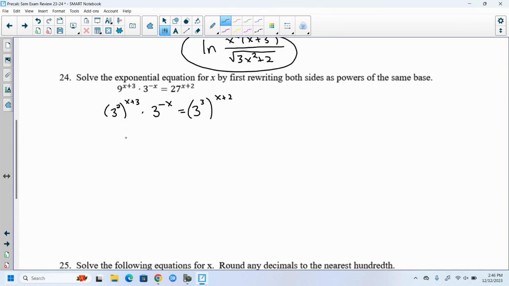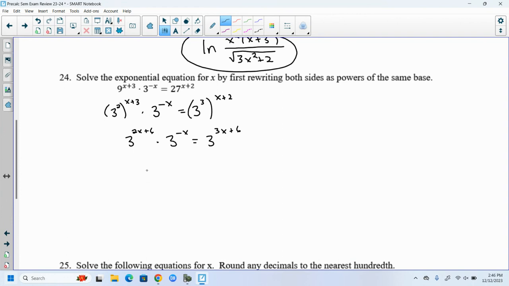All right, I'm going to make this now. This is a power to a power, so you basically distribute that 2, and then I distribute the 3. Now, when I got this here on the left hand, 3 to the 2x plus 6 times 3 to the negative x, you add exponents when we condense, okay?